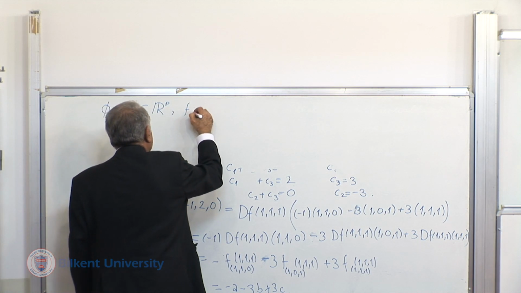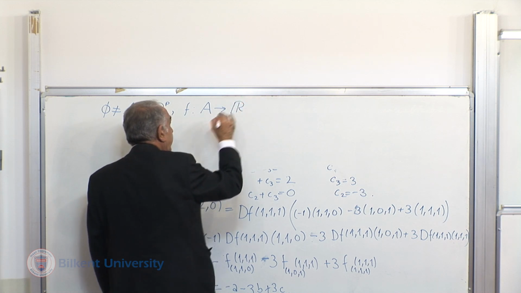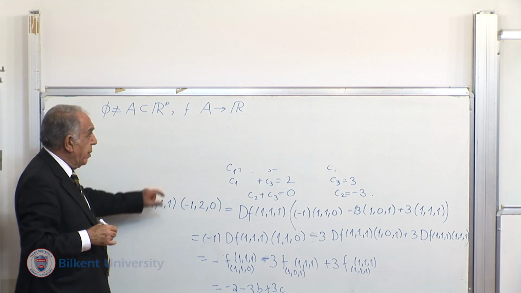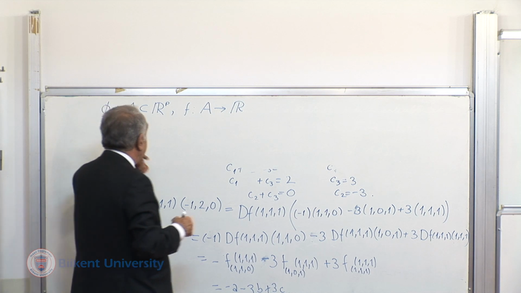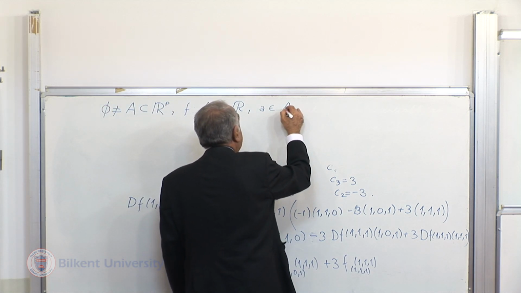We took a function f on A to R because we wanted to deal with partial derivatives of f. Then we took a in A interior.